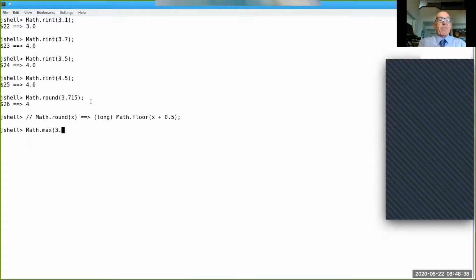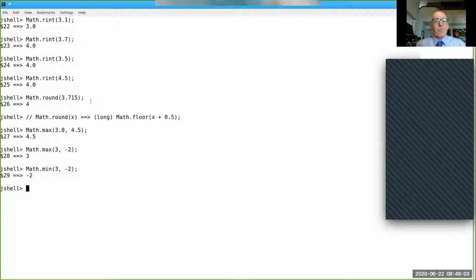Math.max will give you the maximum of 2 numbers. It also works with integers. If I say 3 and -2, it'll give me back that as an integer. So you can either give it doubles or integers, and it'll work great. Similarly, math.min of 3 and -2 gives you the minimum of 2 numbers.